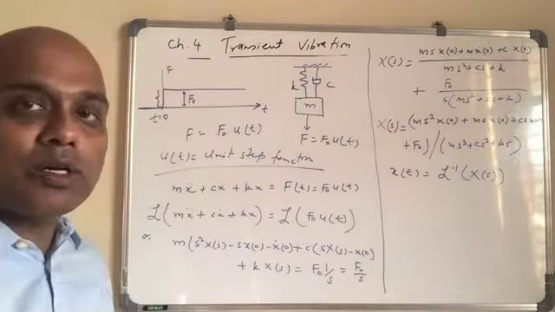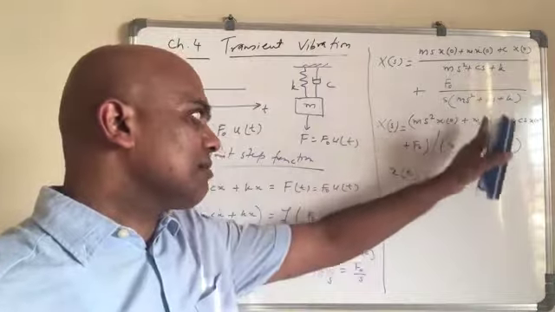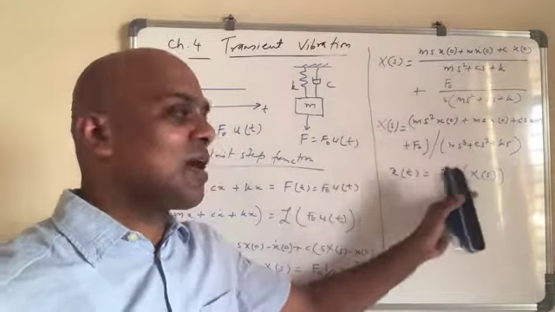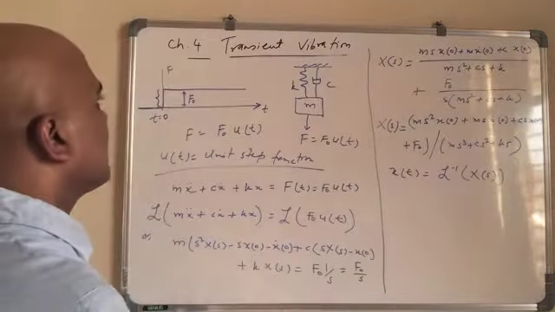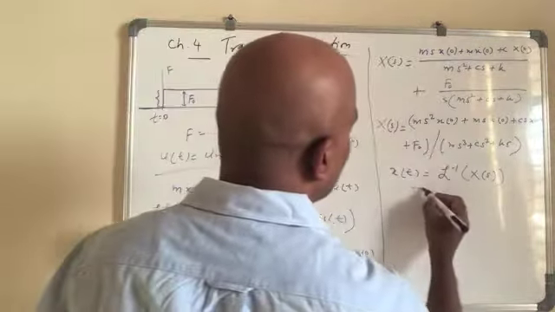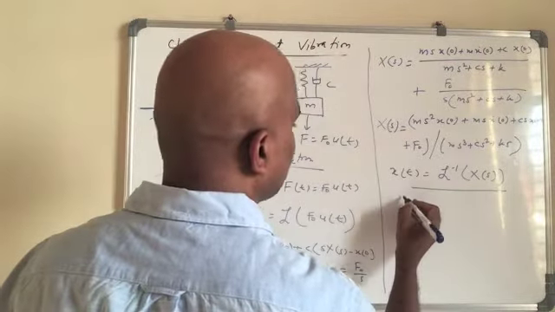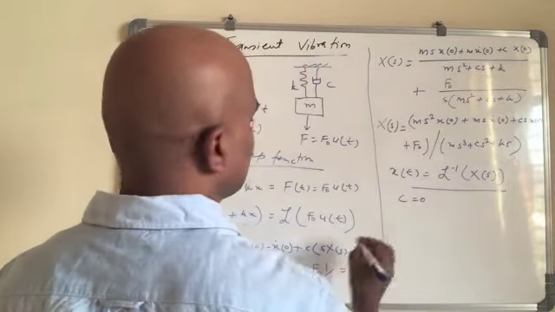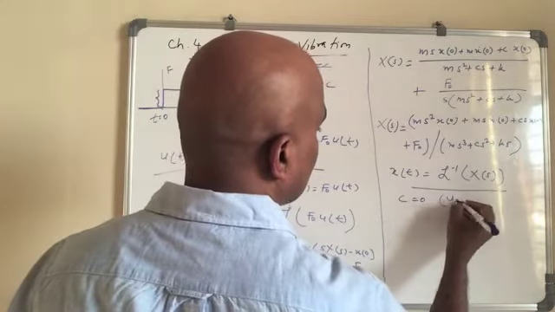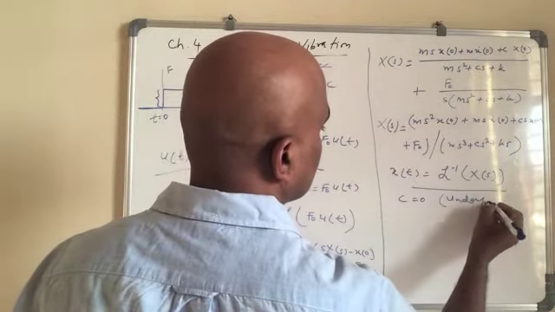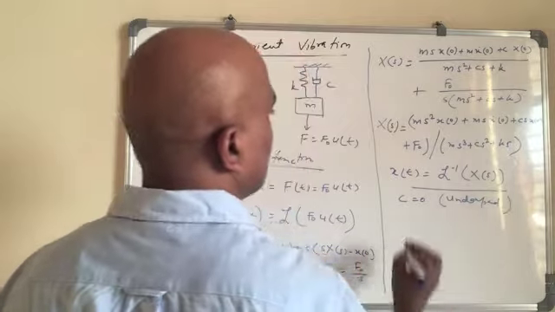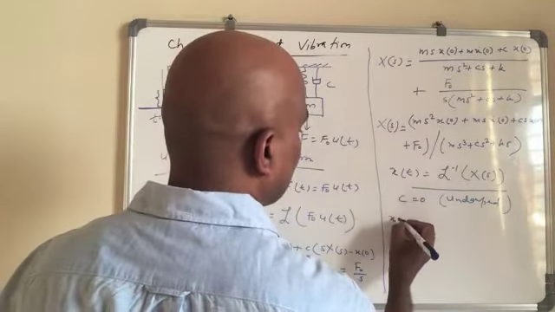So again we can sort it out. If we want it for, let us say, c equal to 0, so the undamped condition, then what do we get?